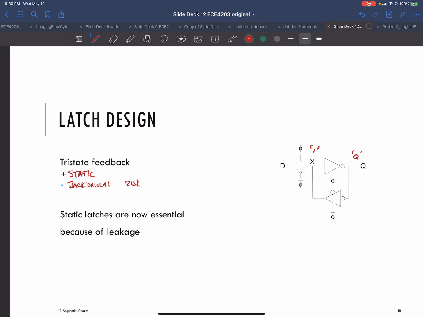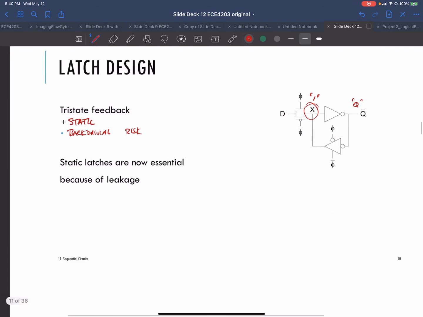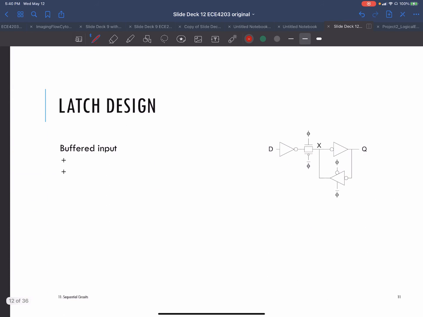So anyway, I think it's very rare that you see dynamic latches. All the latches now are essentially static, just because the leakage currents at these advanced nodes are way too high to just let nodes float. So having a feedback is essential. And that's kind of the main thing. Now you're just adding niceties here again.